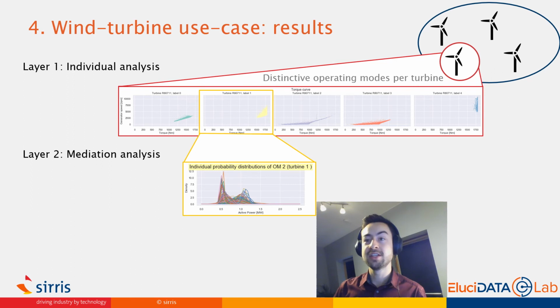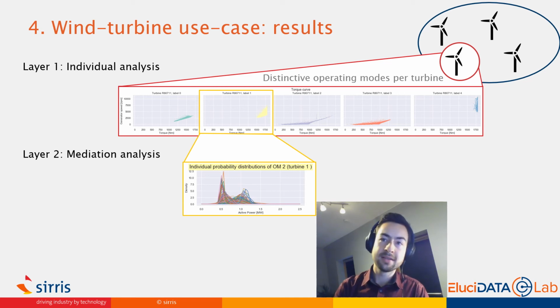And based on the exogenous parameters, we created multidimensional bins for each operating mode, or the points within each operating mode. And then for each bin, we extracted an individual probability distribution. So you can see for one of these operating modes, we get a lot of these distributions. Then we did some filtering on this, so if we don't have enough points within a bin, then we remove this.